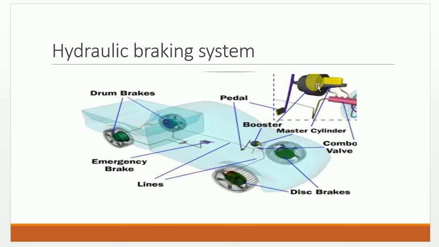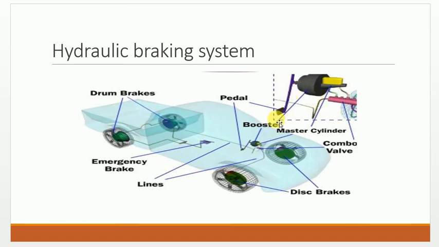It has a diaphragm, and the diaphragm increases the pressure to 2 to 4 times the pressure applied on your brake pedal. It doesn't mean that whatever pressure you apply on the brake pedal will be delivered to the wheels. That is not enough to stop your vehicle, so it needs force multiplication, which is done by these vacuum boosters.